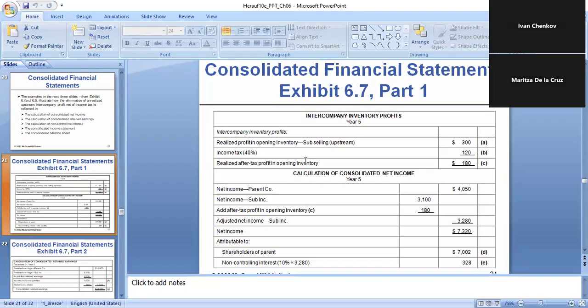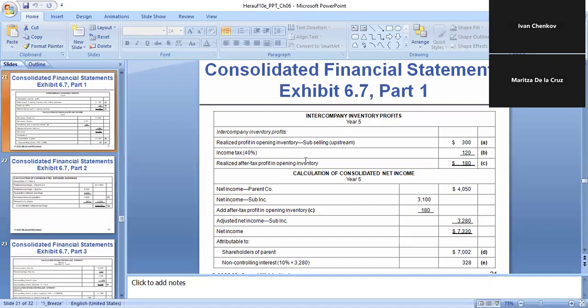Now, on the subsidiary net income, since we don't own 100% of the subsidiary, we only own 90%, 10% is going to be income which is for the non-controlling interest or the outside parties which still own the company. That's for the income.